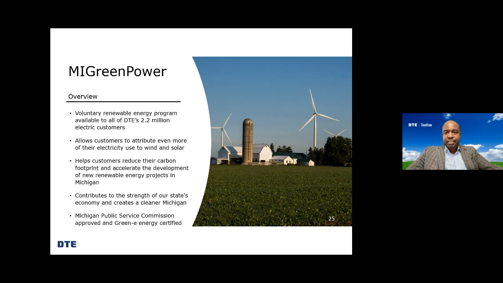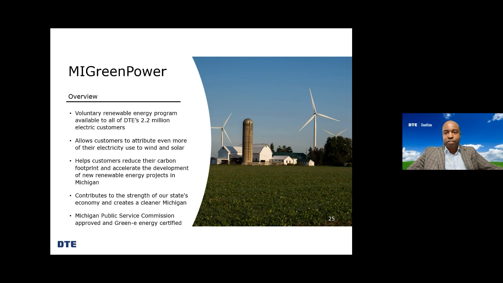15% of the energy that DTE Electric customers receive is attributed to renewable sources. By signing up for My Green Power, customers can credit even more of their electricity use to wind and solar. My Green Power is available to all DTE Electric customers, everyone from homeowners, renters, and businesses to large industrial customers alike.